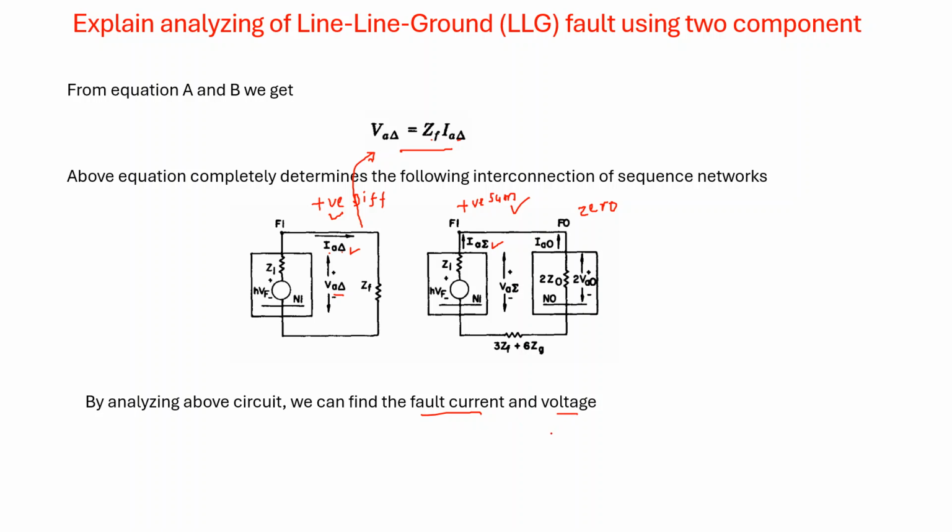So here it is to be understood that the positive sum and zero sequence networks are connected in parallel, and the positive difference network is existing and it is separate. We have to analyze these. So by analyzing these two circuits, we can do the line to line ground fault analysis. So in this video, up to this only.